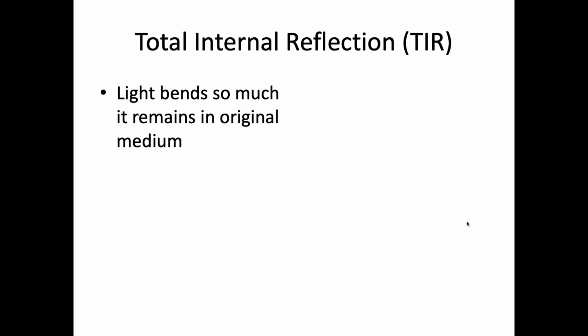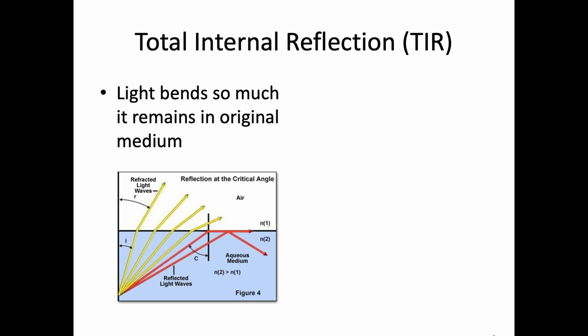So the idea is that total internal reflection occurs because the light is bending so much, it actually stays in the original medium. It doesn't go out into that new space where it was trying to get to. You can kind of see that in the picture here, and you have an example of that as well. The two red ones are the ones I want you to look most carefully at on the screen.